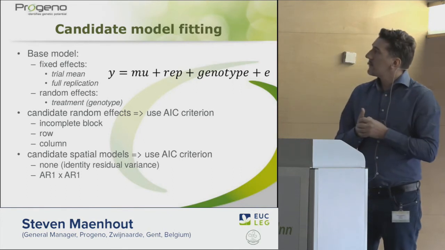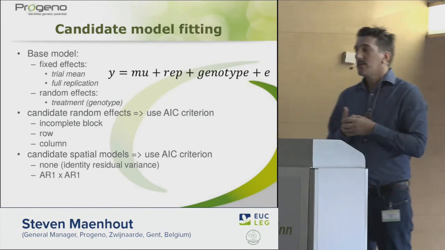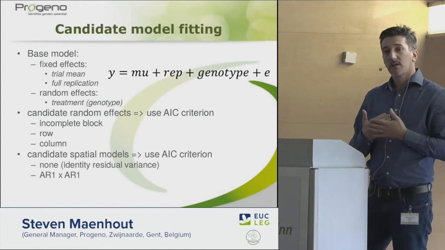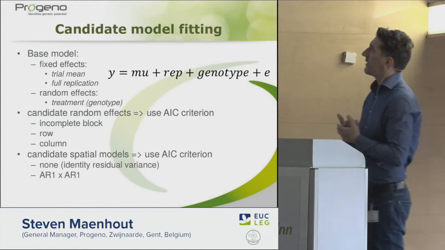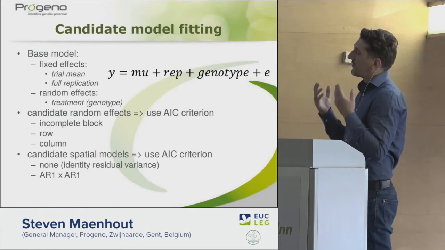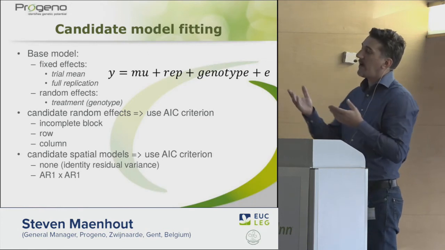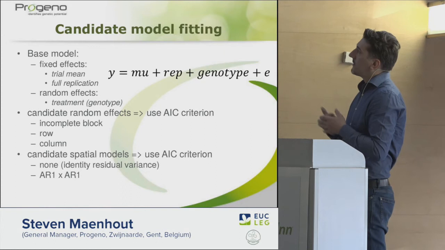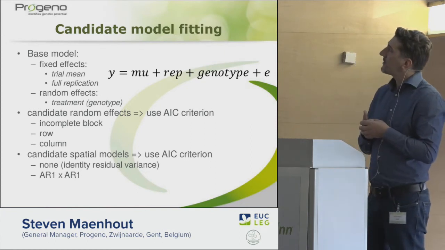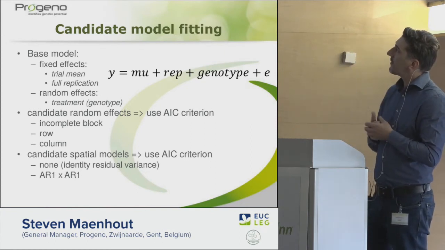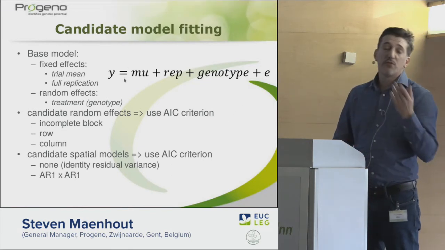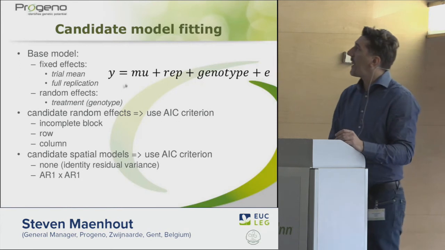So, there are, as you can imagine, hundreds of ways of fitting linear mixed models to phenotypic trial data. This is just one way, the way I will try to show you directly in Progeno, to give you an idea of how it works. You have what I call candidate model fitting. First of all, you'll have your response variable. You have to choose which trait you're going to analyze.